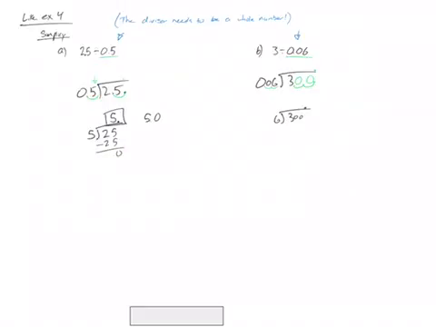So 6 does not go into 3, but it does go into 30 5 times. 5 times 6 is 30. And then, since the decimal place is here, I have to have a 0 there to hold that place value. So my answer is going to be 50. You don't have to say 50.0, you can just say 50.